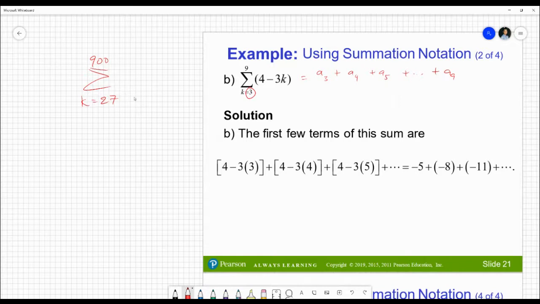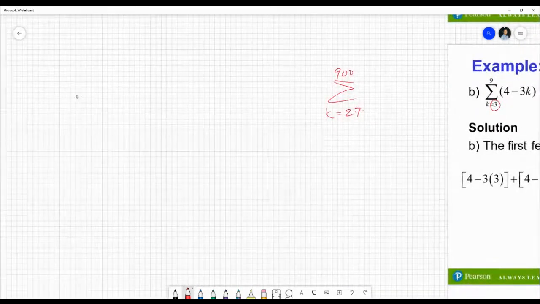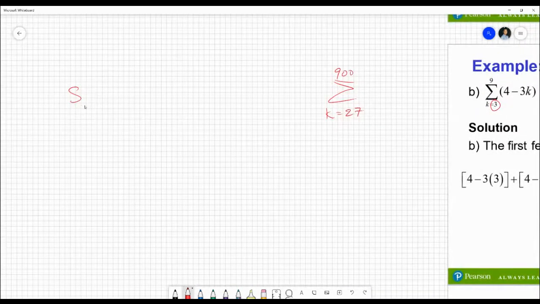So the beauty of using the formula is as follows. I told you before that, for example, S7 means the sum starts from 1 and goes to 7. Now, if the sum starts somewhere else, for example, 3 to 7, this does not mean the sum of the first 7 terms.